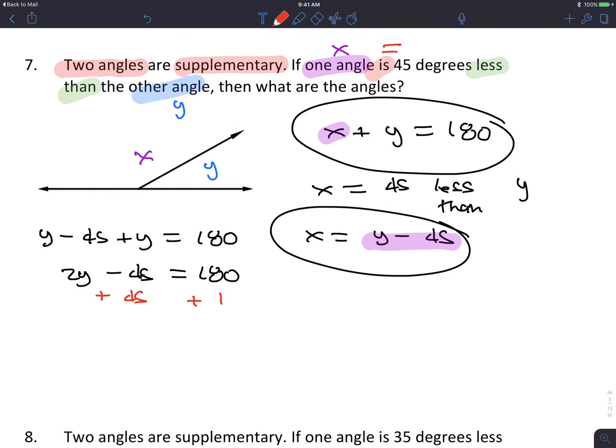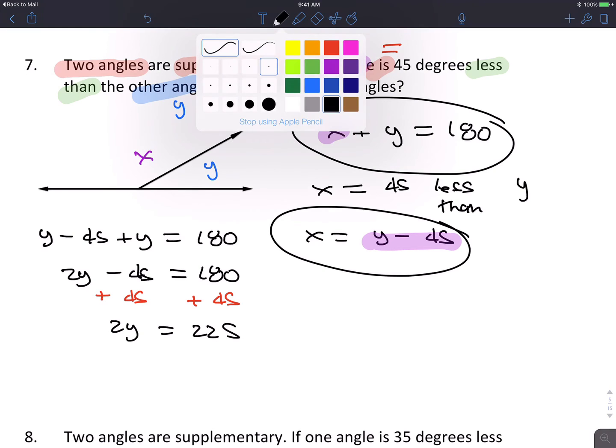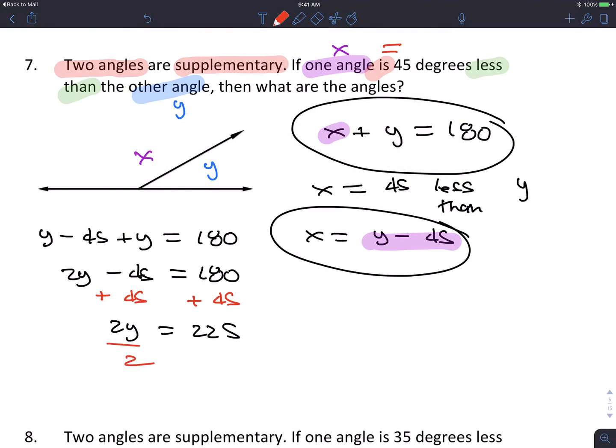We're going to add 45 to both sides. 2y is 225. Divide both sides by 2, and see what y is.